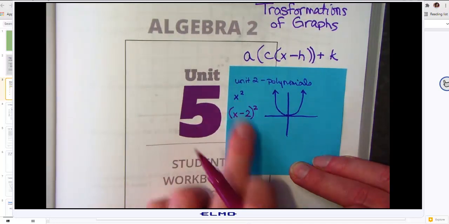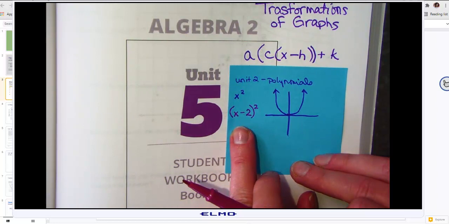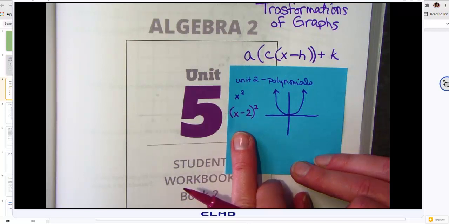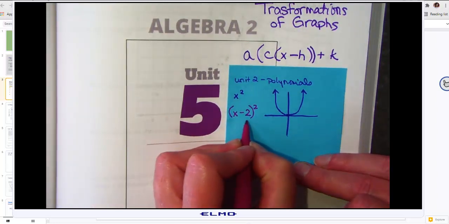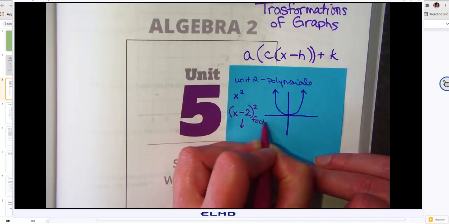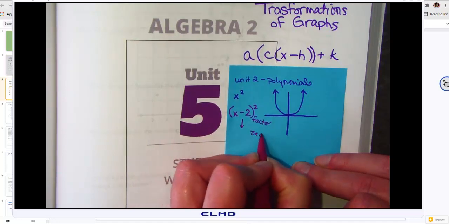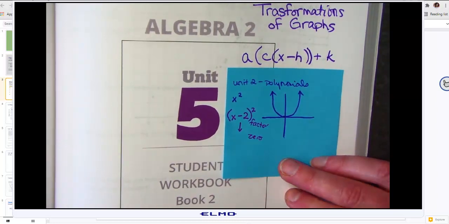Do you remember how we could find the 0 of that function, when we were trying to turn factors into zeros? Emma, what do you remember? Would it be 2? Because then it would cancel out and equal 0.